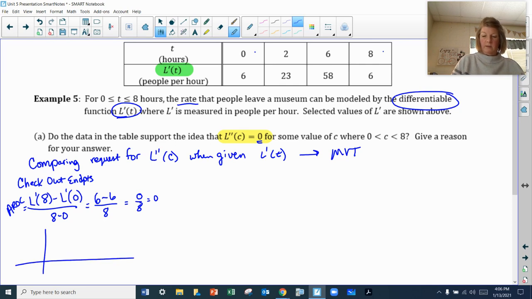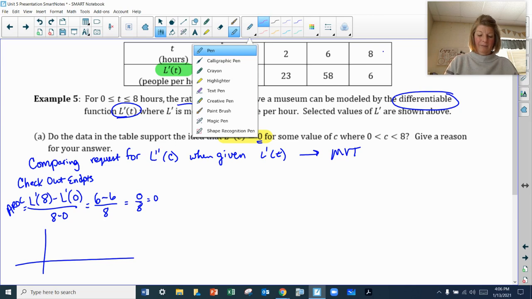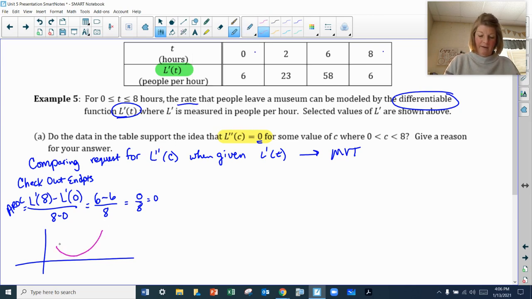When we were doing those curves yesterday and we connected up our endpoints, we found that the average rate on this curve was 0. And if I have a continuous differentiable function that I'm working with, then if we have that average rate, there has to be another spot along here, some value C, where the instantaneous rate equals the average rate. So yes, I know this is going to exist. I've checked it out. So let's just answer the question.